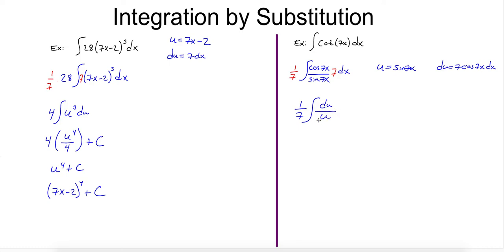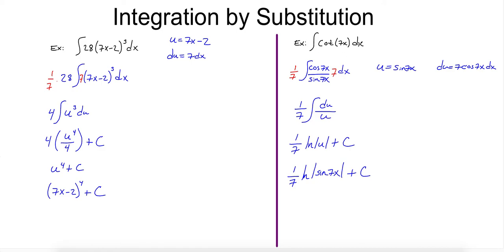We already know that's just the natural log, so I get 1/7 times the natural log of the absolute value of u plus c. Since u is actually equal to the sine of 7x, we get 1/7 times the natural log of the absolute value of the sine of 7x plus our constant of integration plus c. This is the integral of cotangent of 7x.